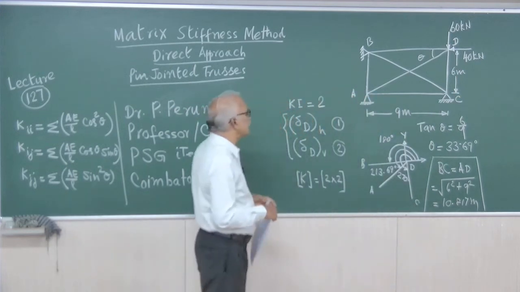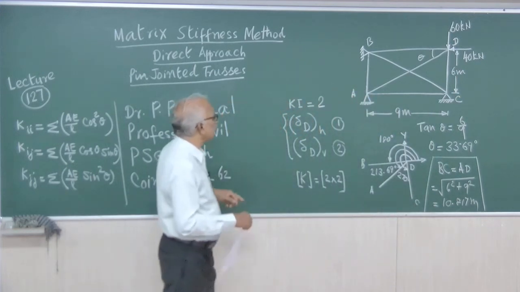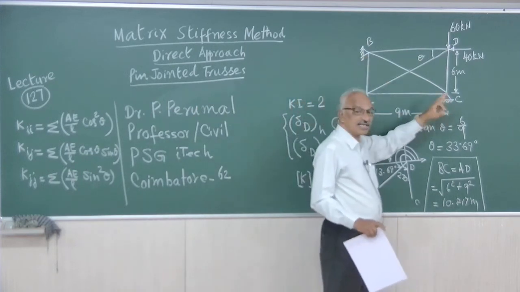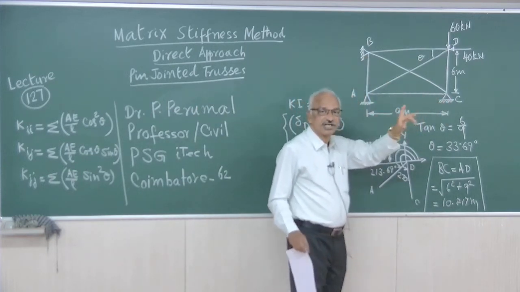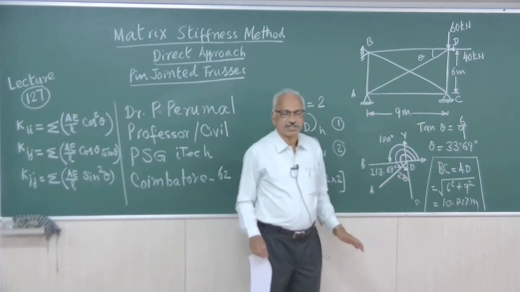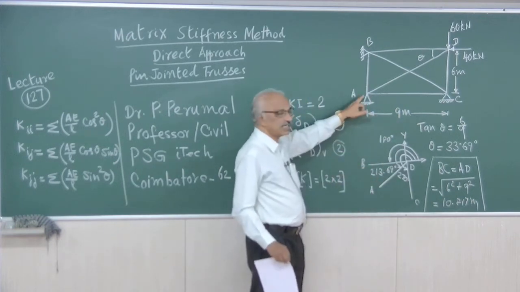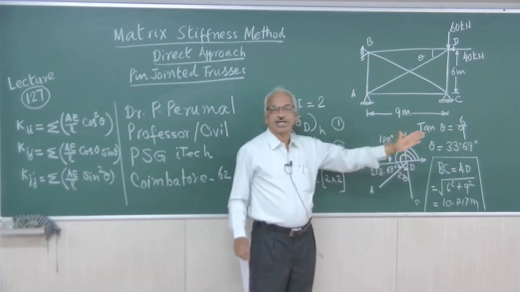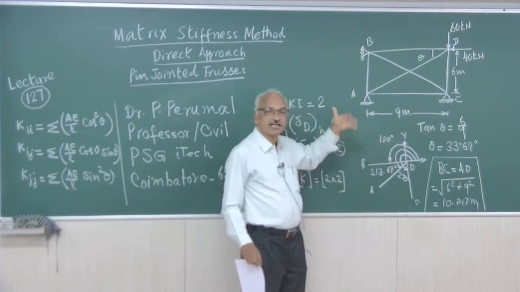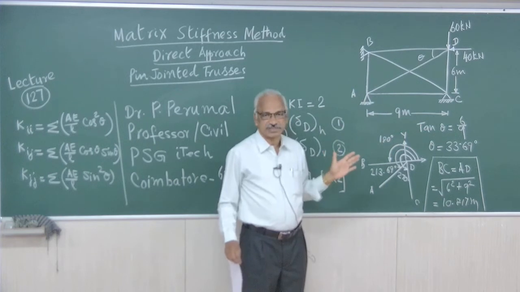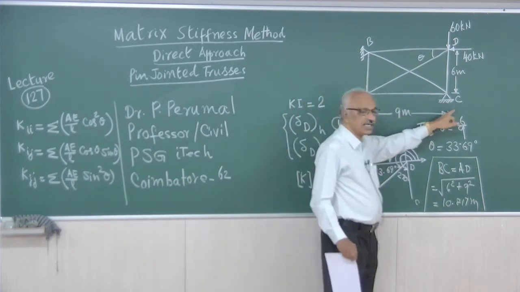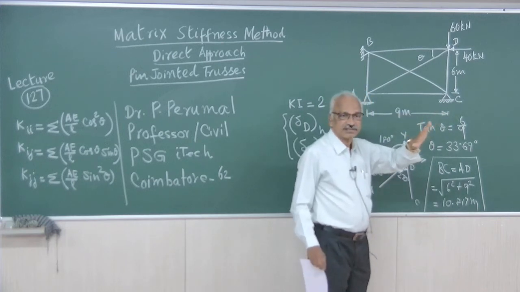Here the joints A, B and C are hinged. A hinged joint is position fixed. Suppose you take joint A: because it is hinged, it cannot undergo horizontal displacement or vertical displacement. Therefore, joints A, B and C are position fixed, right.